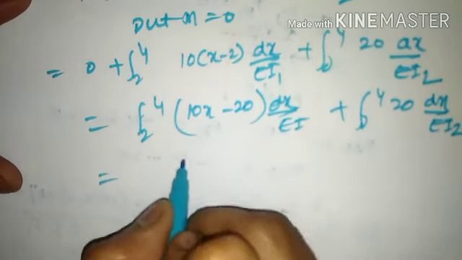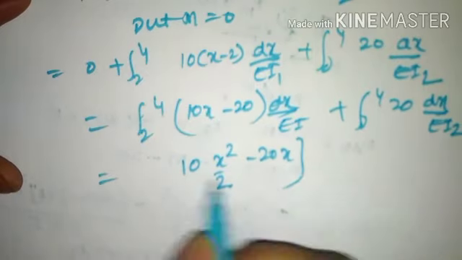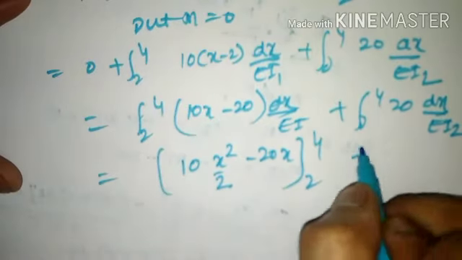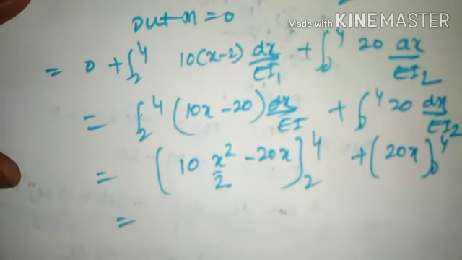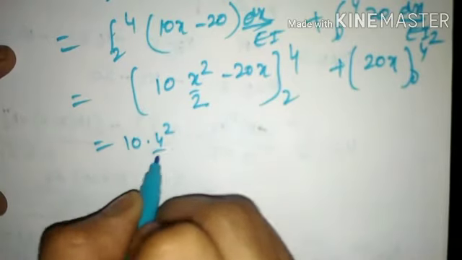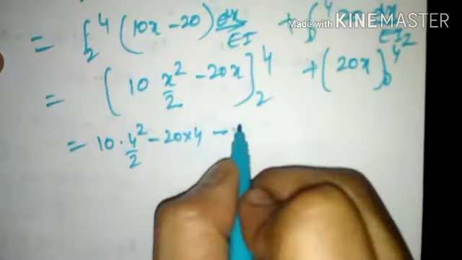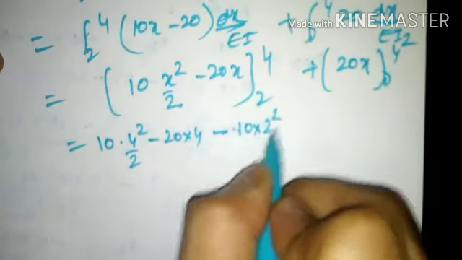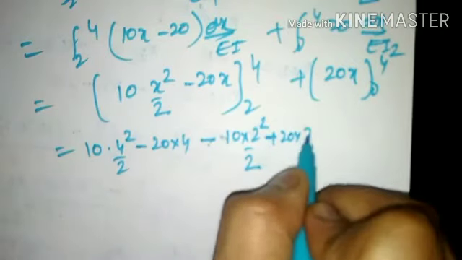So integration of 10 will be x square by 2 minus of 20x from 2 to 4 plus 20x from 0 to 4. So substitute the terms and check it out. This will be 10 into 4 square divided by 2 minus of 20 into 4 minus of 10 into 2 square divided by 2. So minus will be multiplied with plus, so 20 into 2.